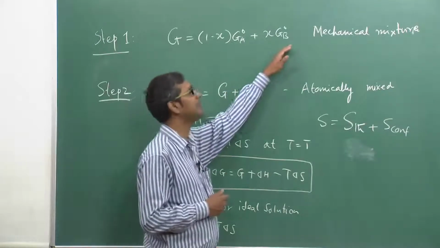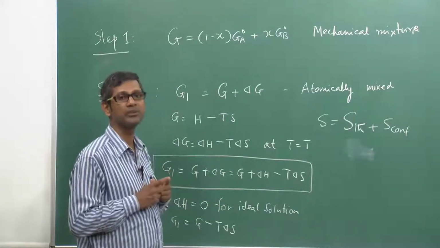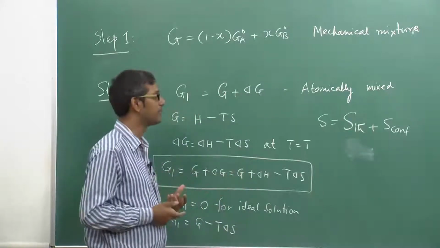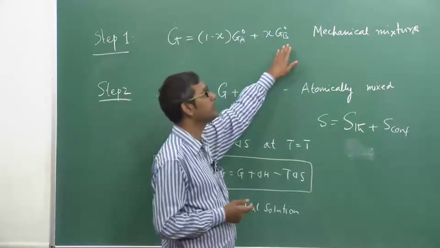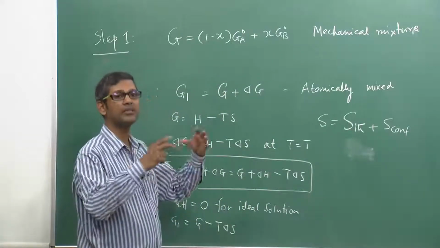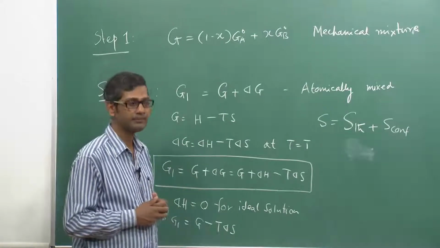Similarly, if I have pure B, there will be only one possible arrangement of pure B in the lattice, because the atoms are similar or the same. But the moment I have two chemically different species and try to arrange them in a lattice, I can have many ways of arranging them.